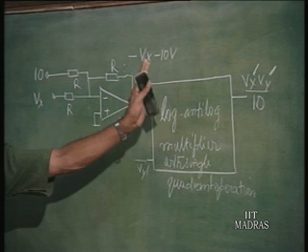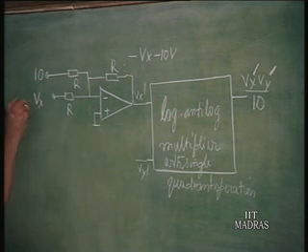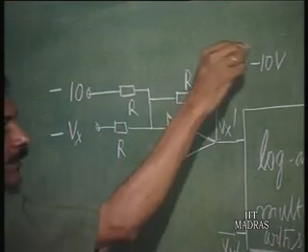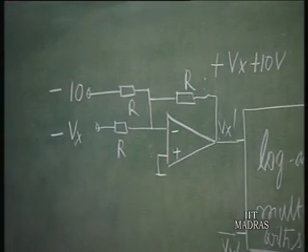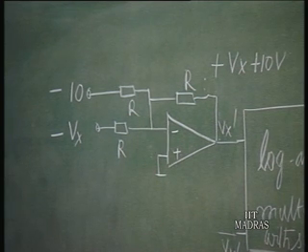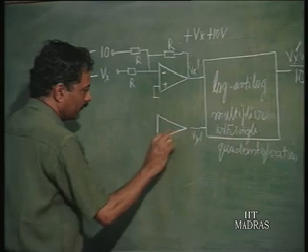If it is operating with only positive voltages, then what we have to do is apply minus Vx and minus 10 volts here, then this will be plus Vx and plus 10 volts, or use a summing amplifier which will not give a phase inversion of 180 degrees, that also can be done. I just want to illustrate the point.